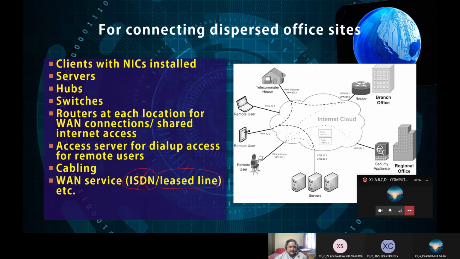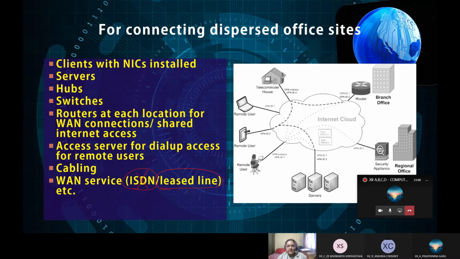And leased lines, which are actually privately owned lines. Some companies provide dedicated lines to certain companies, specifically corporate users, so that they get a single high speed connection which would be private to them. No external traffic or external data packets would be traveling through that line.